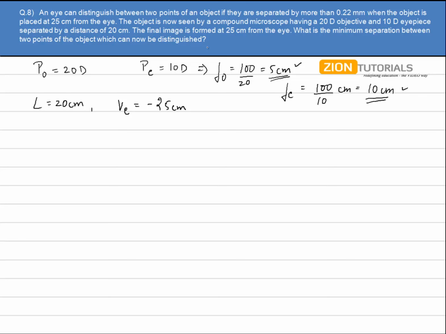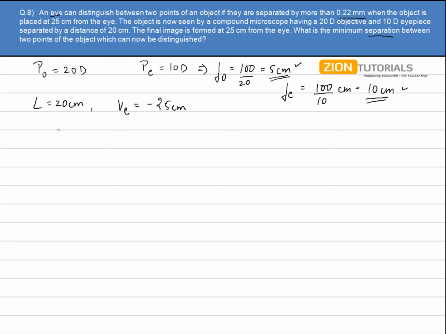You might not know how to calculate minimum separation, because we do not know any formula for calculating the minimum separation. But we know that when it was directly seen by the eye, it can distinguish more than 0.22 millimeter. Now for the minimum separation, the magnification should be highest.